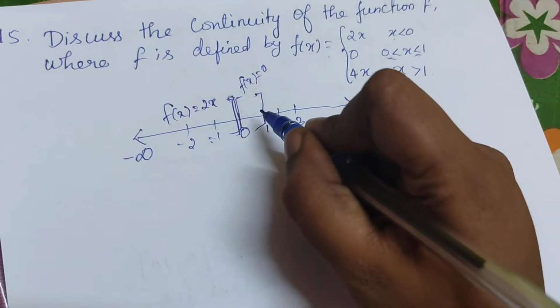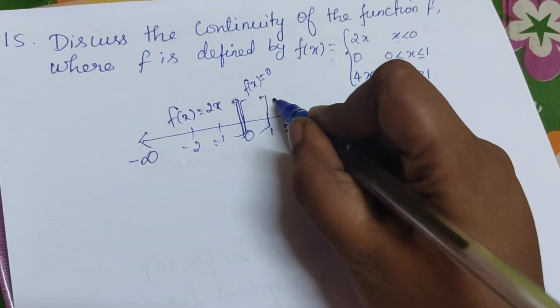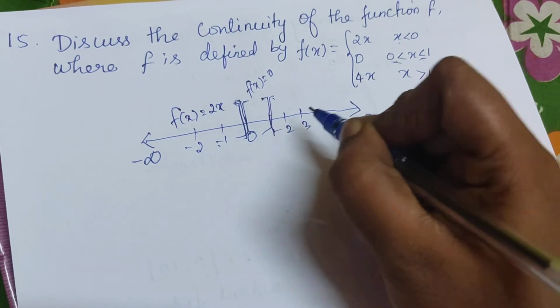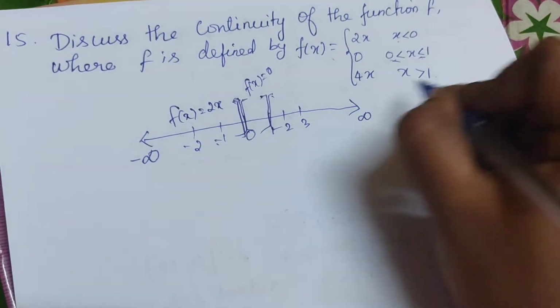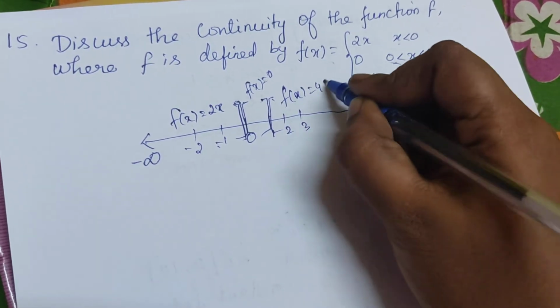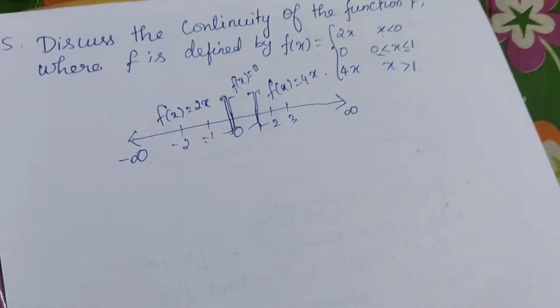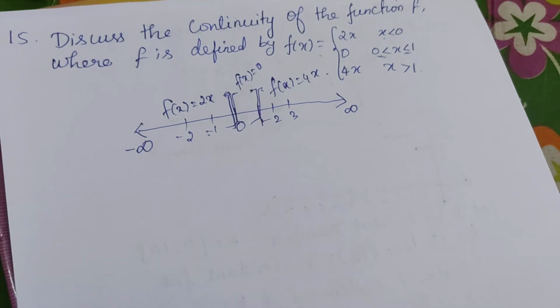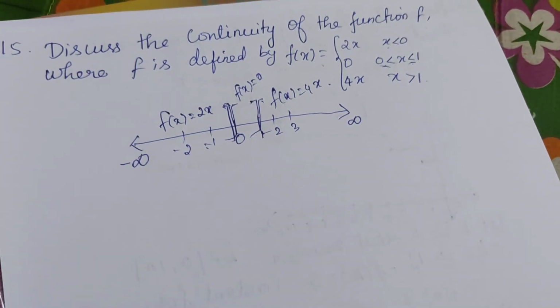And when the values of x are greater than 1, up to infinity, we will consider the function as 4x. So now we will consider the continuity of the function.